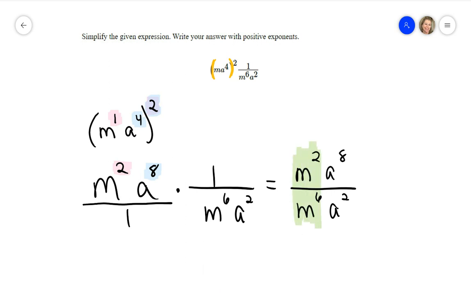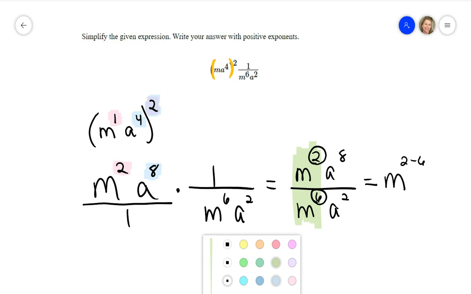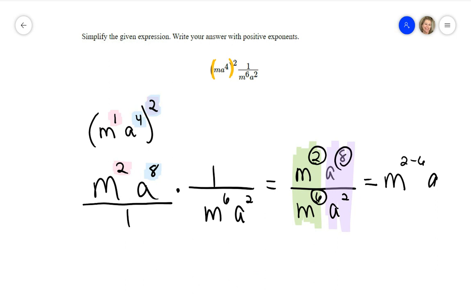So for my m's, I'm going to have m to the 2 minus 6, and for the a's, you're going to have a to the 8 minus 2. So what I've got is m to the negative 4th and a to the positive 6th.